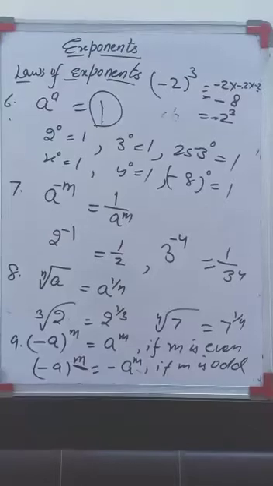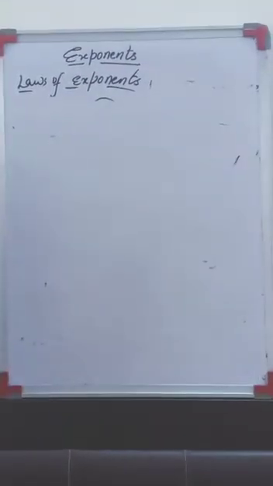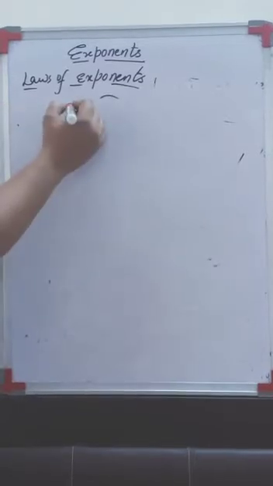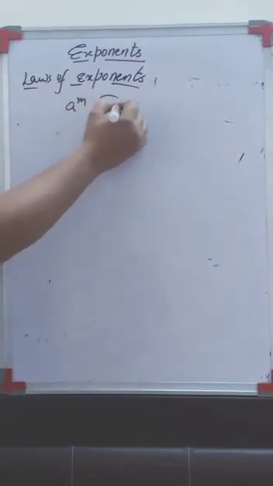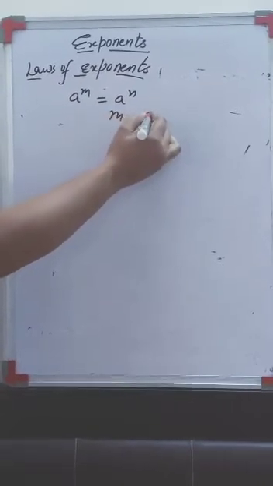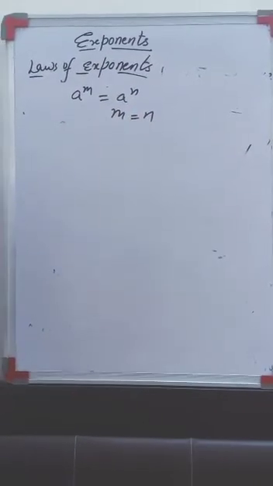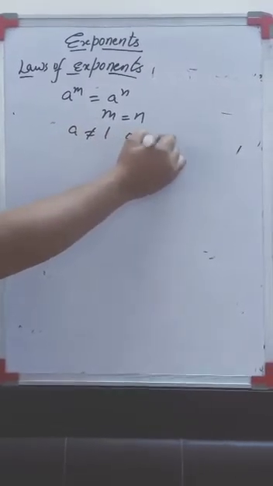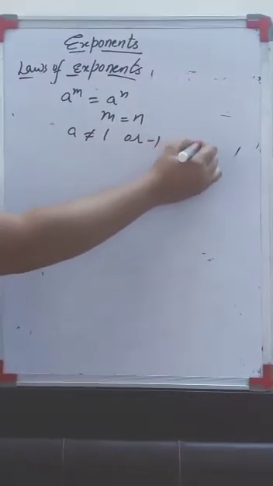The last rule, our 10th rule, is: if for a positive value of a, a raised to power m is equal to a raised to power n, then m will be equal to n, provided that a is not equal to 1, minus 1 or 0.